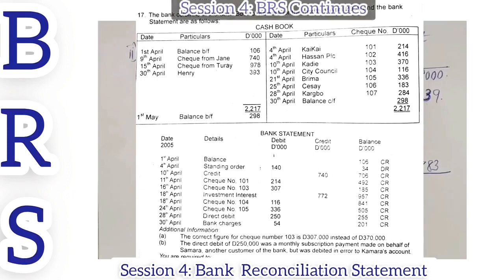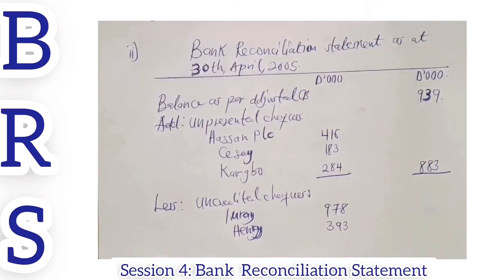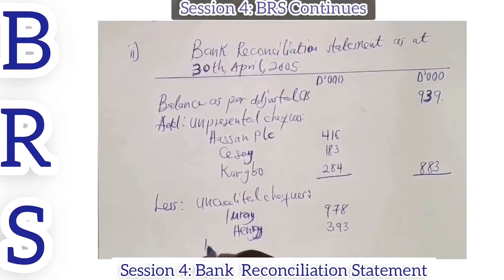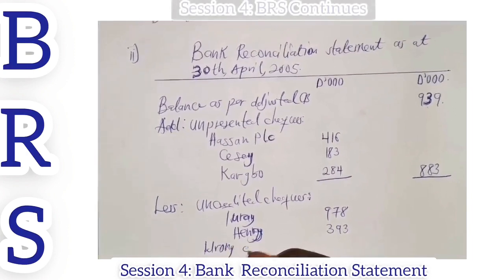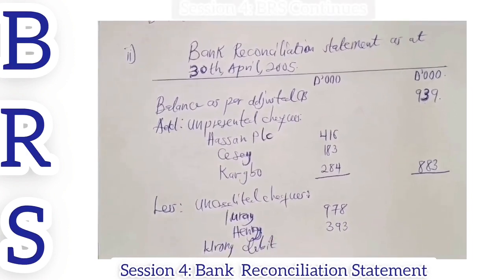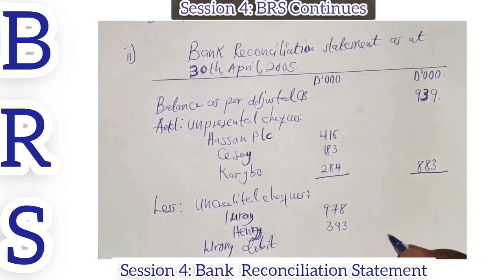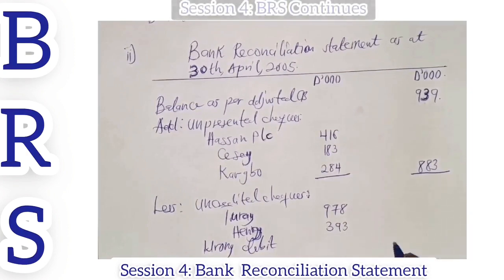And we are saying that a wrong debit should be treated the same as uncredited checks. So if here we are subtracting, then we are going to subtract the wrong debit too. We are going to add the wrong debit to the unpresented total, so that we subtract the total from the balance as per adjusted cash book.